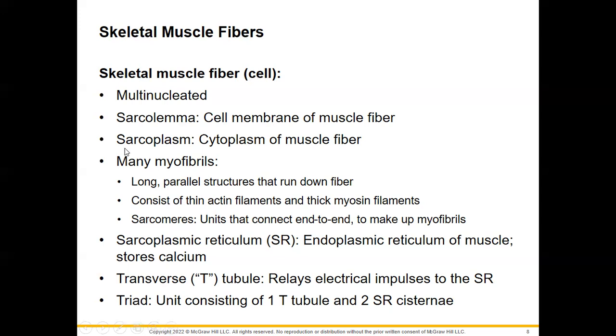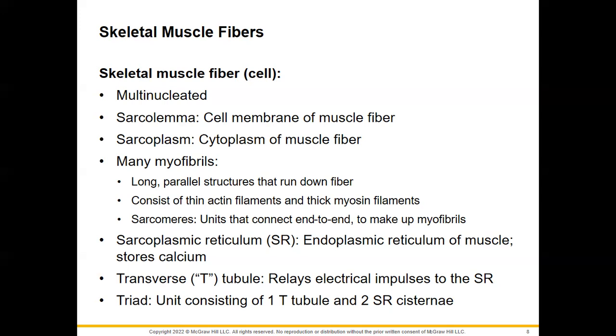Then you have myofibrils. Myo also means muscle. Fibrils are like fibers. So myofibrils are long parallel structures that run down the length of the fiber, the longest portion of the fiber. It consists of filaments.